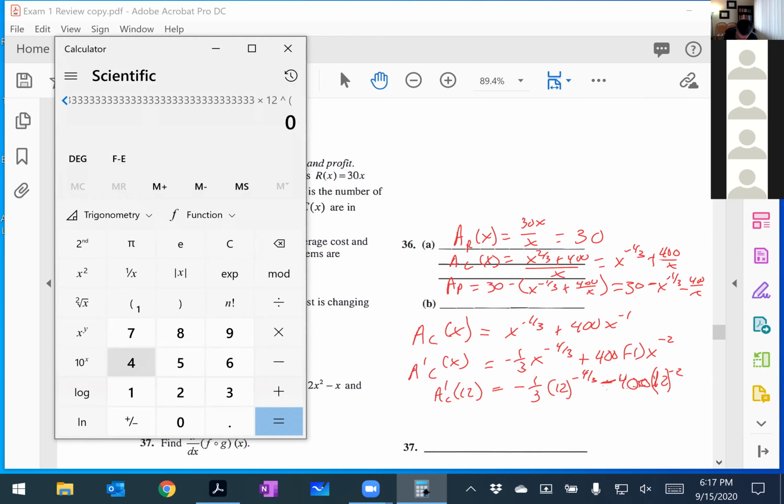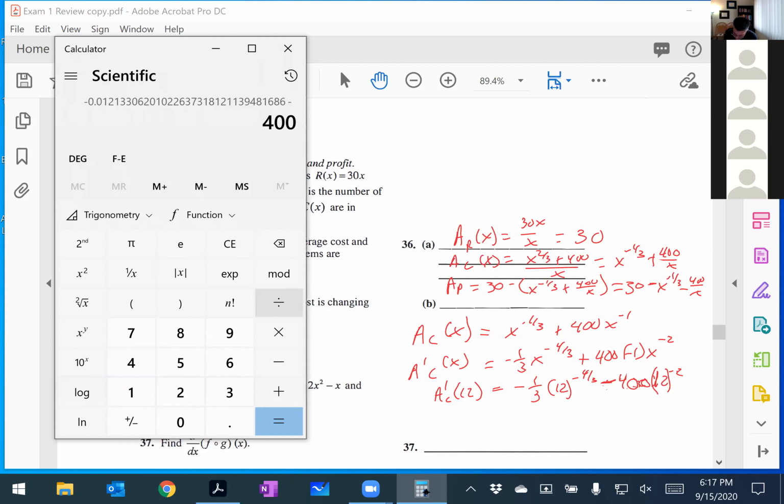That's good. Then minus 400 times 12 to the negative 2.